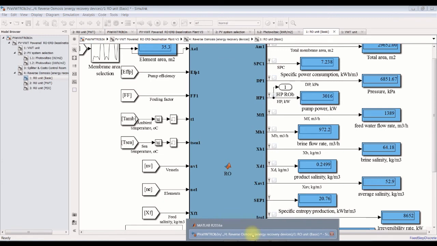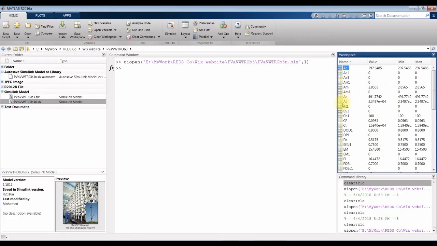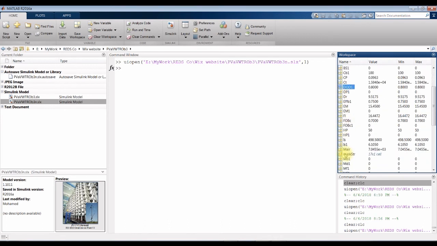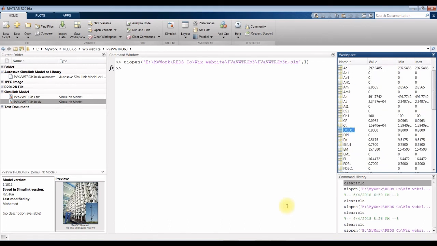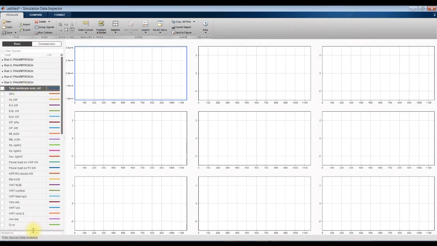Let's go to here. You can collect your output data from here. Okay, let's go and watch our variations. These are parameters here.